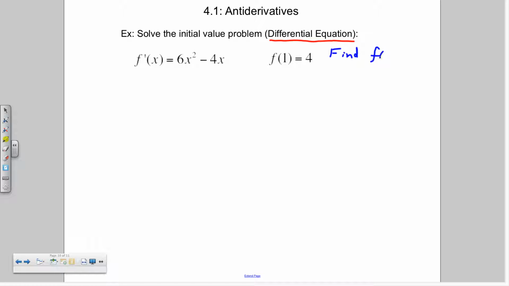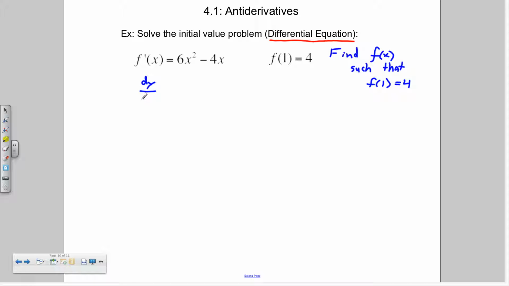Find little f of x, because we're working with the derivative here, such that when you plug in 1 into that function, you get 4. Notice that we start with the derivative here, f prime. So logically, in order to get to the original function, to move from f prime up to f of x, you need to antiderive.